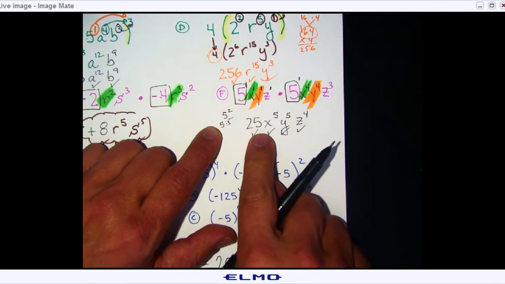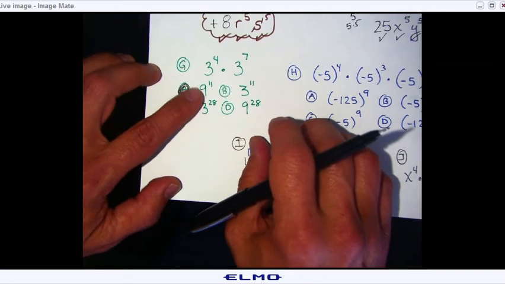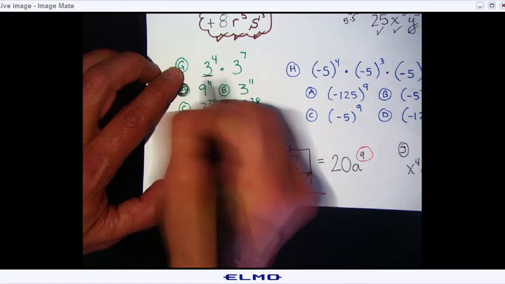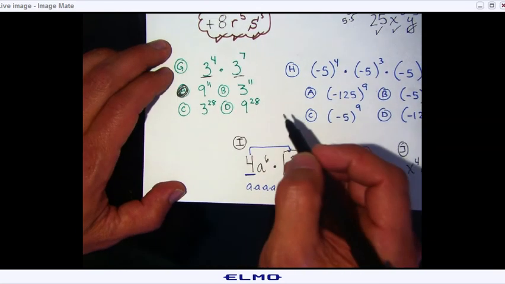That's why we get 25, which I understand where you would have made a mistake, right? So here, remember, if the base is the same, keep it the same.